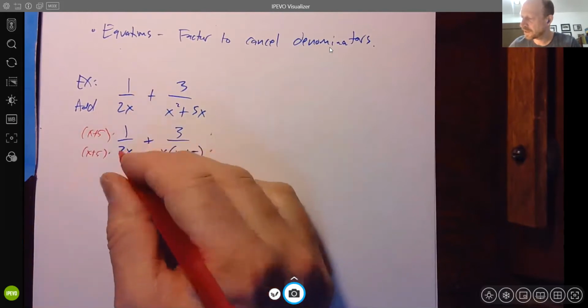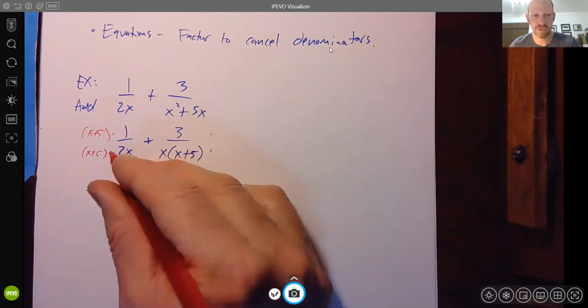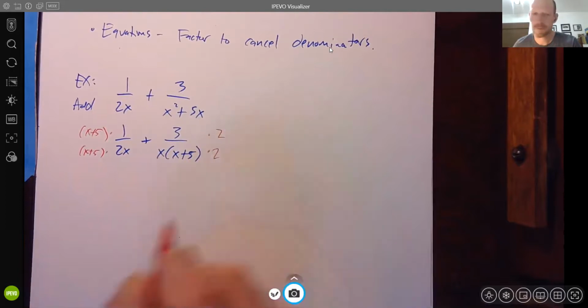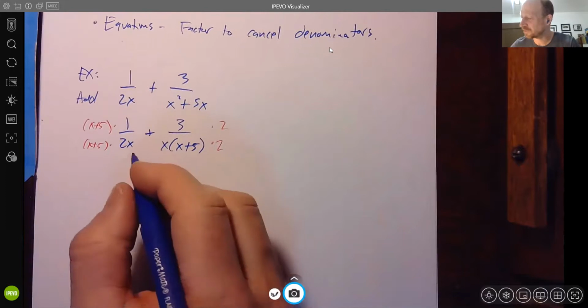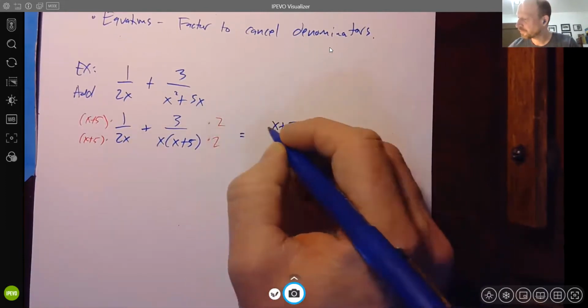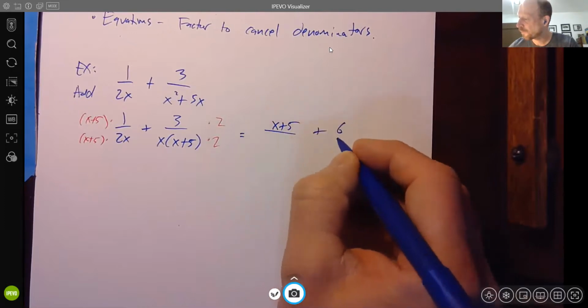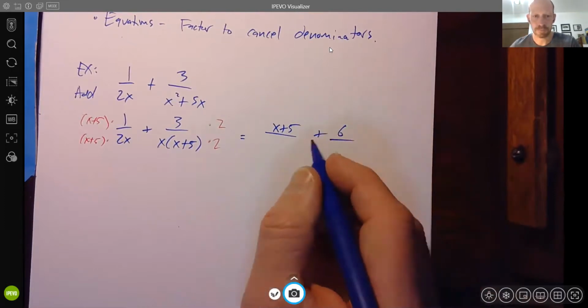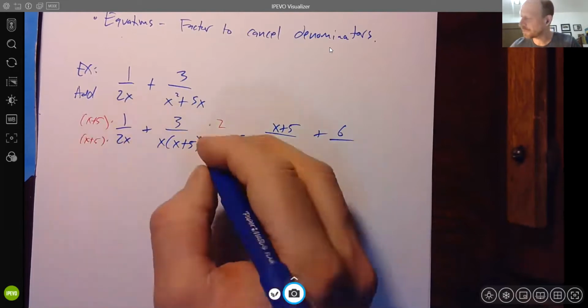And on the right side, I already have an x, so I just need a factor of 2. Okay, so that's the process for creating common denominators, or the easiest process. That's x plus 5, and that's a 6. They're both going to be over the same denominator.